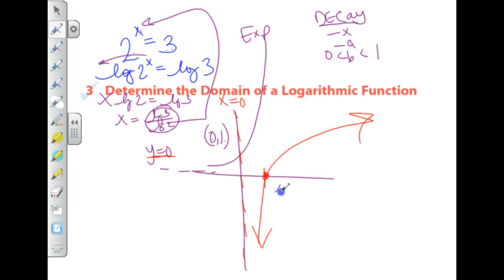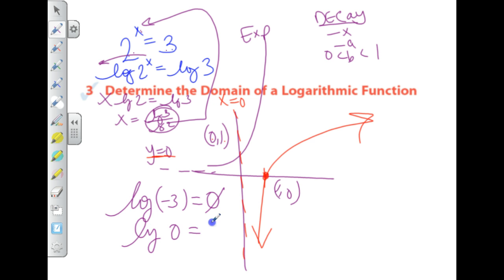So there's your first look at a log, and notice we cannot take the log of a negative. The log of negative 3 is undefined. In fact, the log of 0 is also undefined because we have a vertical asymptote there.